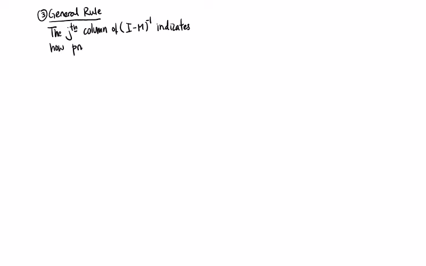So, number 3, general rule: the jth column of I minus M inverse indicates how production must change if the external demand for product j changes by +1.